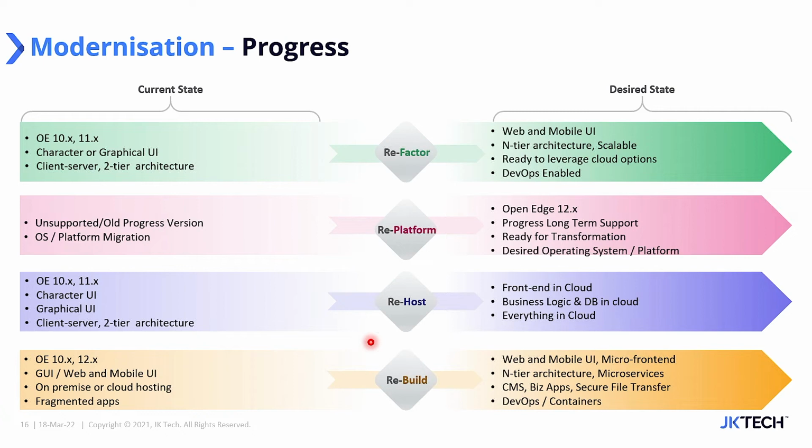It could be just the UIs, in which case only the front end is moved to the cloud, or it could be business logic and the database both, or you take everything, your front end, your business logic, and the database all together, onto the cloud. So there are different options by which you can get there. The most desirable state is to have everything on the cloud. Again, it depends on the business needs; it's purely driven by the business needs.